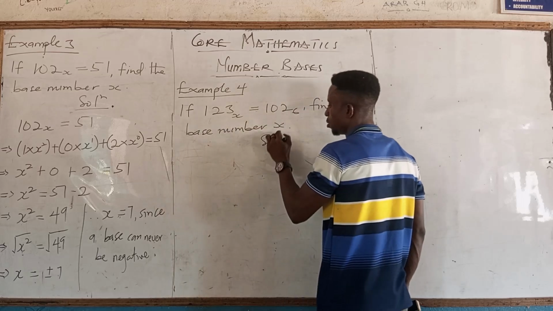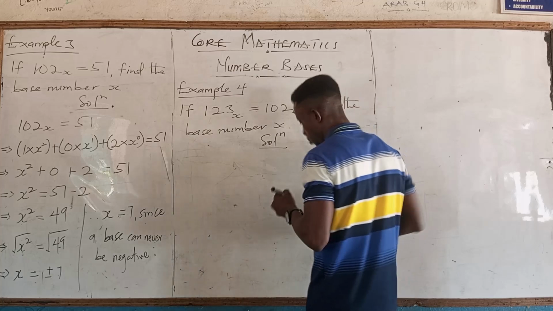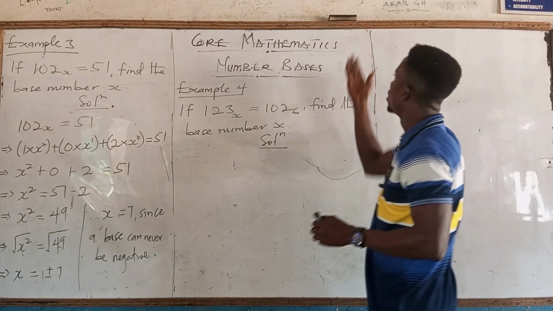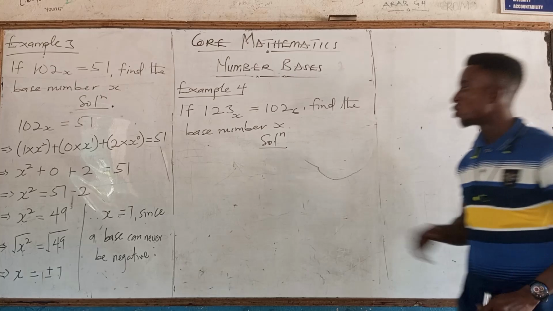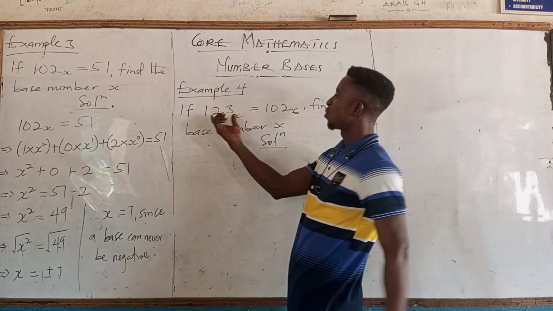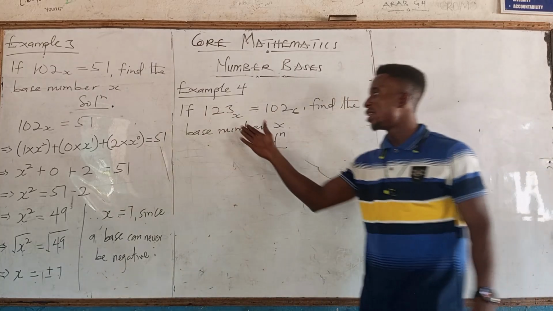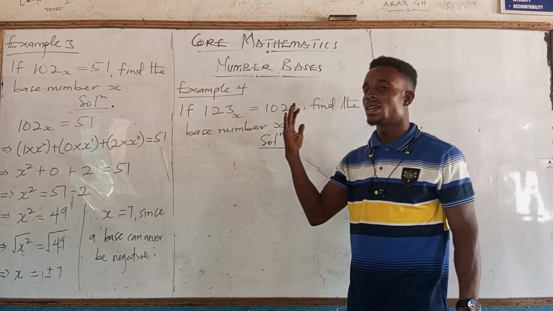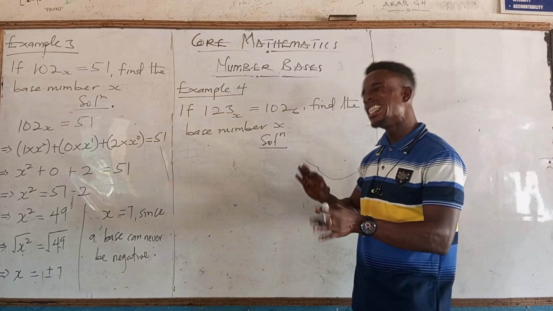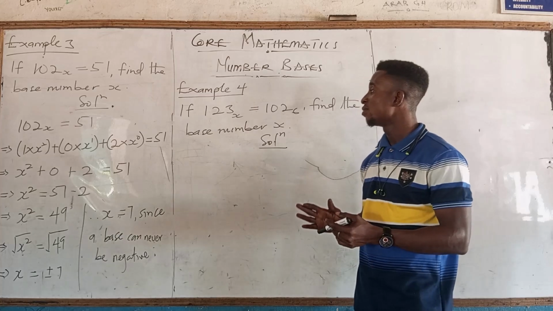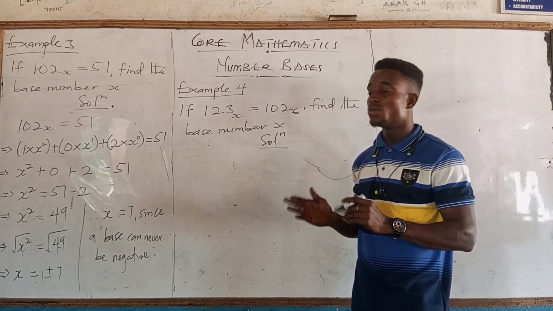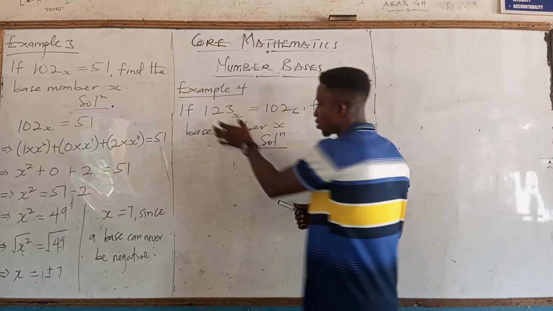The solution. Let's proceed. So having this, what do we do? This one is not in base 10, meaning this one is in other base, this one is in other base. So we are going to convert each side of the equation to base 10 because this one is not in base 10.